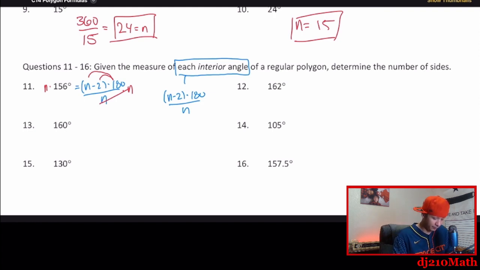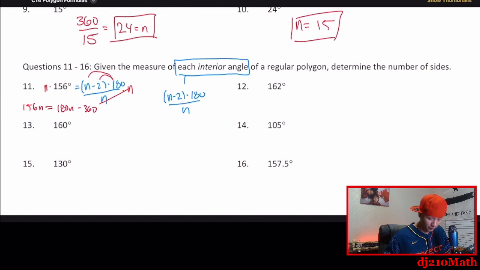So really you're going to get 156 times n is equal to 180n minus 360. And from Algebra 1, this is a one variable problem. You can combine like terms by subtracting either 156n or 180n and then dividing. Nothing wrong with this. However, there is a better, more efficient way.